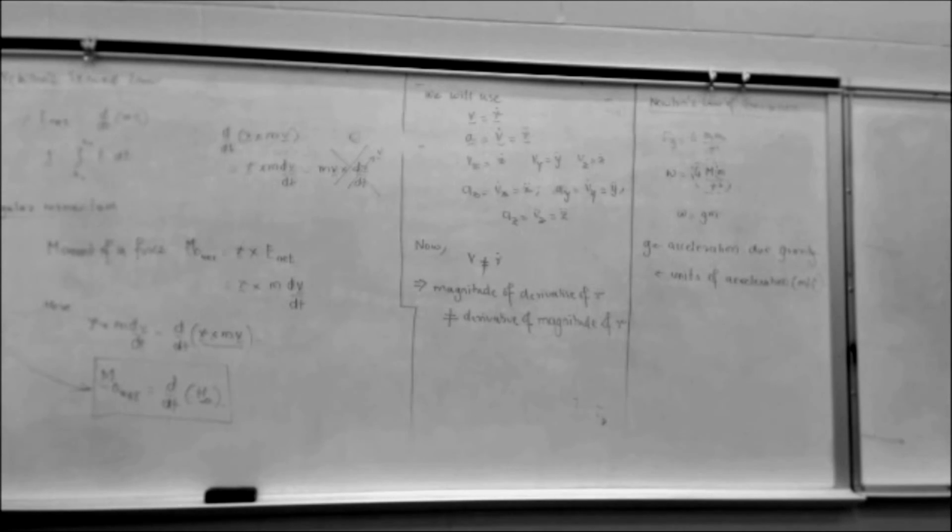Now, you can also define whatever you can define in a translational system. This is linear impulse, right? The net impact of the force between time t1 and t2. How is force defined? Newtons, right? So Newtons is what?